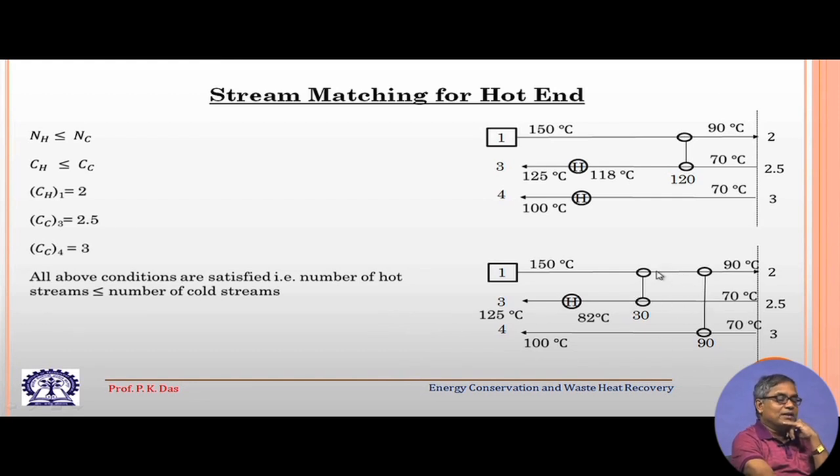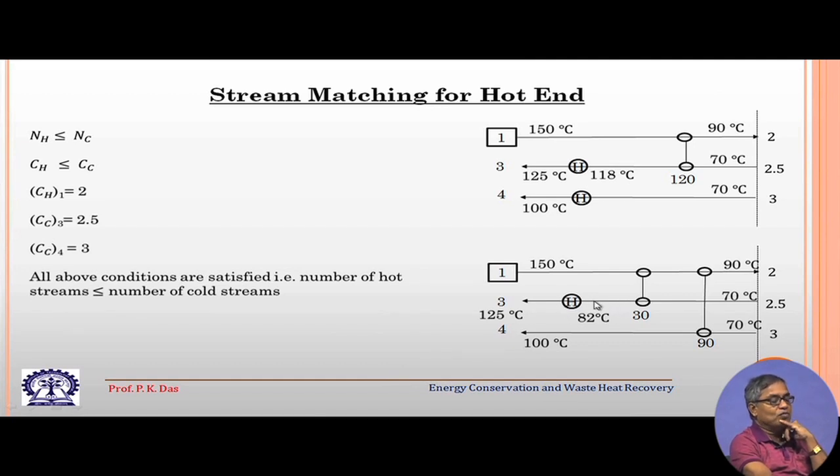Then we can think of another heat exchanger between 1 and 3, where the amount of heat exchange is 30. By this we have satisfied the top stream, that means the hot stream, and we can tick it off. We have satisfied the requirement of stream number 4, the cold stream, and we can tick this off, but stream number 3 needs further heating.